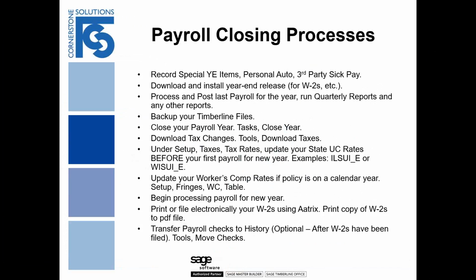You might still be doing payroll for this week in December, and you can go ahead and install the year-end release, do that today if you wanted to, and still process 2016 payroll. Nothing wrong with that. The only critical timing is that you install the year-end release before you print your W-2s. Okay.